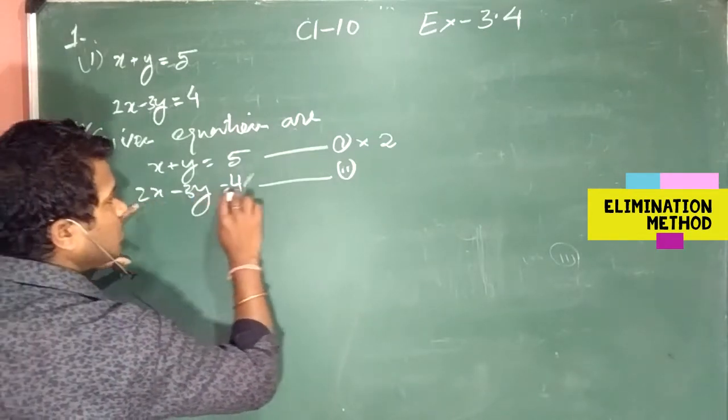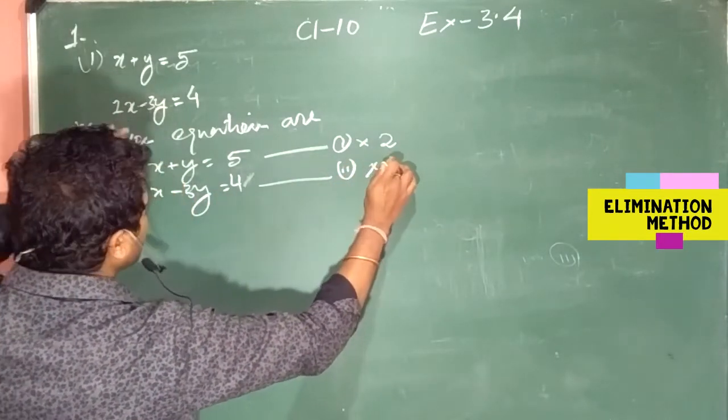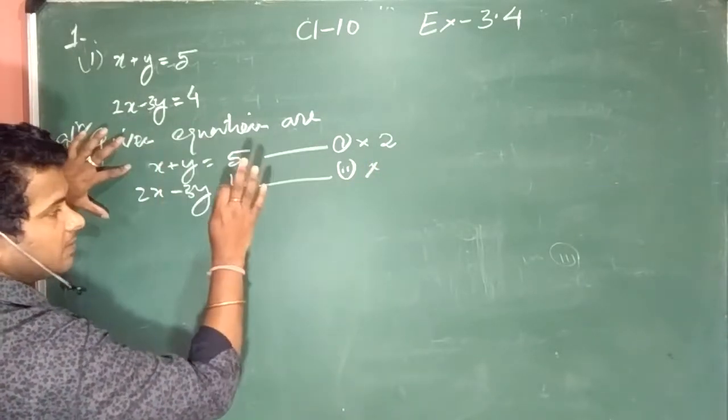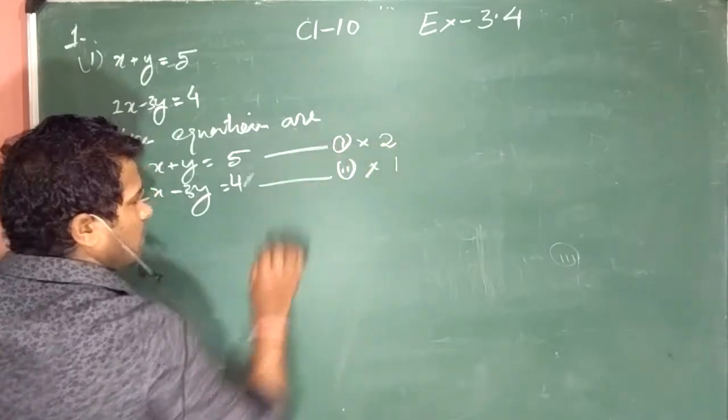Similarly, we need to multiply equation 2 also by 1, because here nothing is there. As I told you, nothing means 1 is there, right? So we'll multiply by 1.